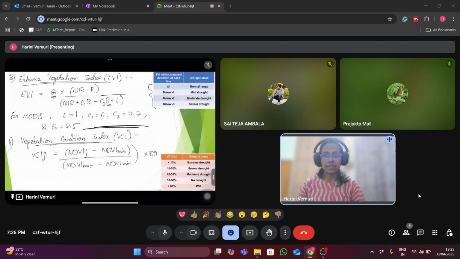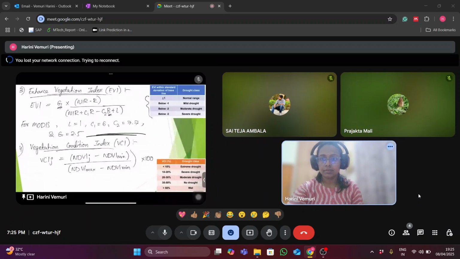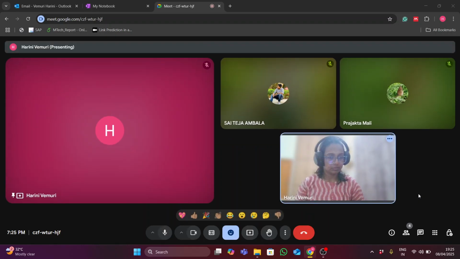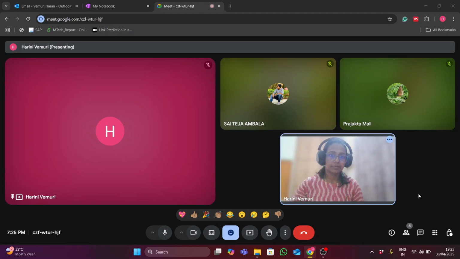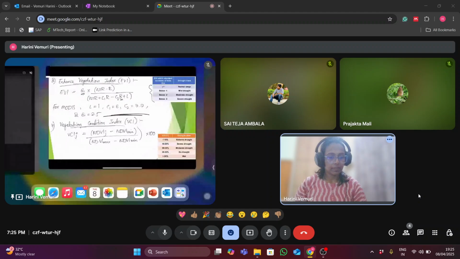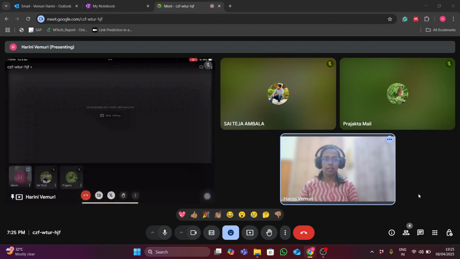So this is how we will calculate the VCI value, vegetation condition index. Let me reshare the screen.